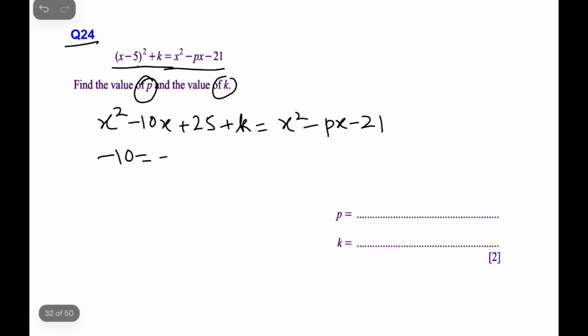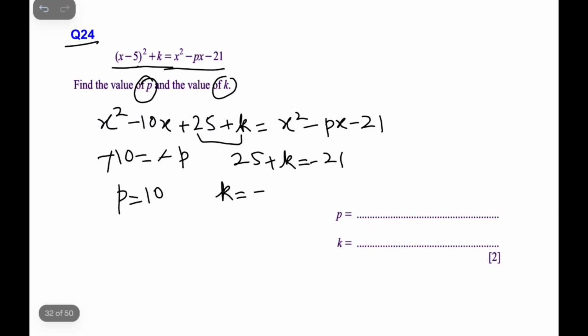So minus 10 will be equal to minus p. That implies p is equal to 10. Now the constant terms, 25 plus k is equal to minus 21. So k will be equal to minus 21 minus 25, that is minus 46. So we get p value as 10 and k value as minus 46.